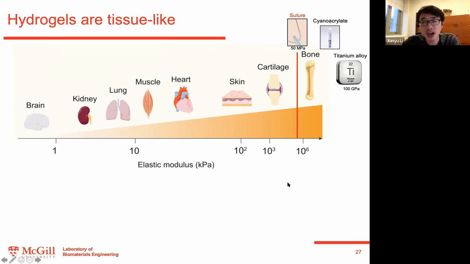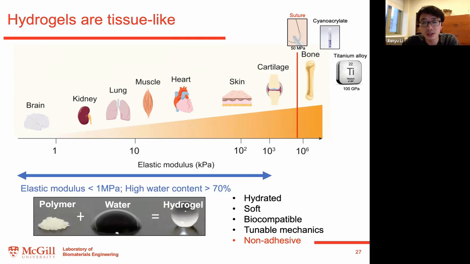It has a much higher mechanical stiffness compared to the native tissue. As shown here, a lot of soft tissues have a much lower stiffness in comparison. To this end, hydrogels are amazing because they are very soft and very hydrated. However, when it comes to biointegration applications, hydrogel has a significant limitation. It is not adhesive, right?